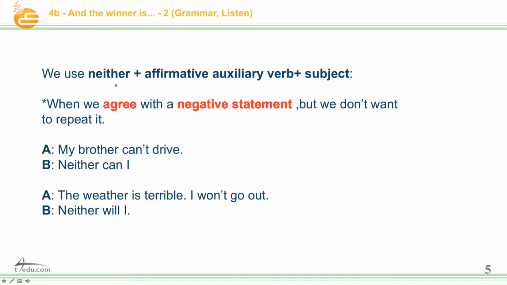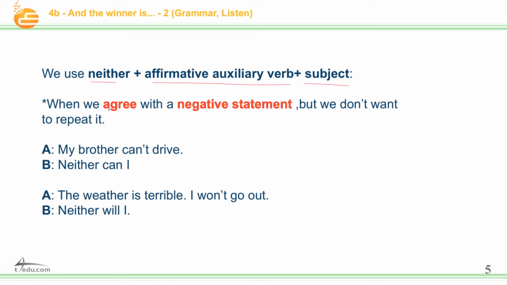Okay, now neither. This is the structure. We use neither plus affirmative auxiliary verb plus subject. But when?